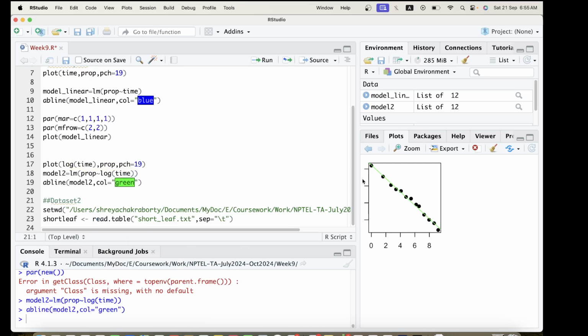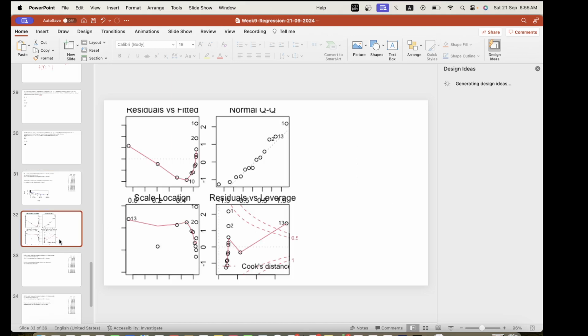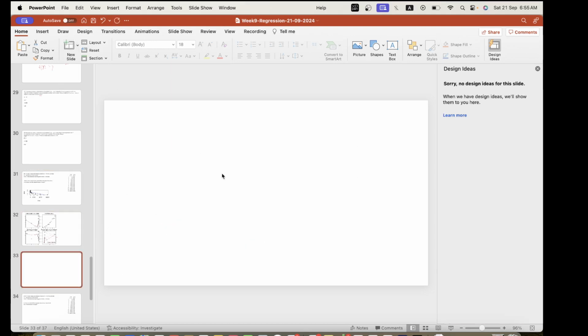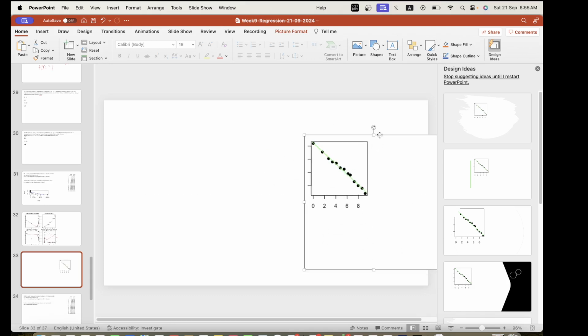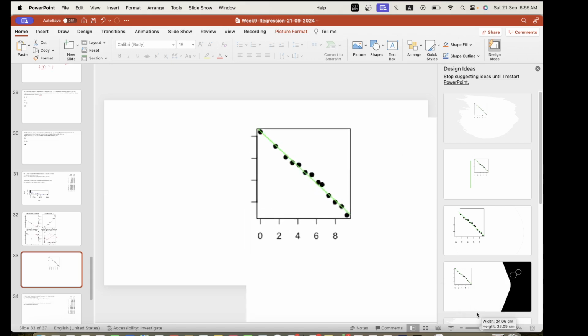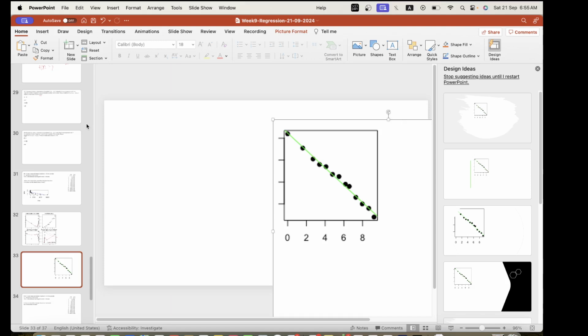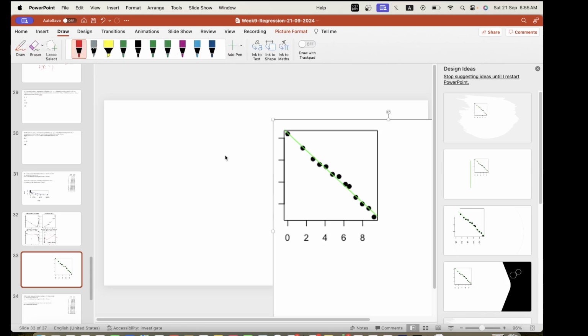Now you see, this plot is better. After transformation, this is the plot that we get.